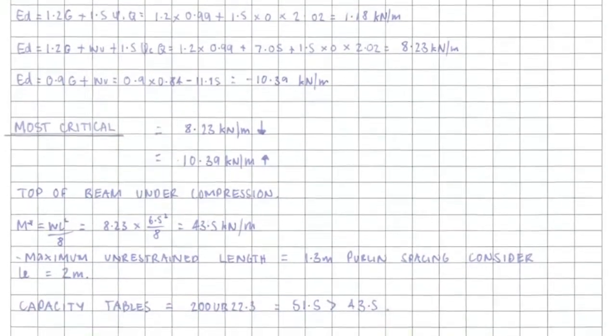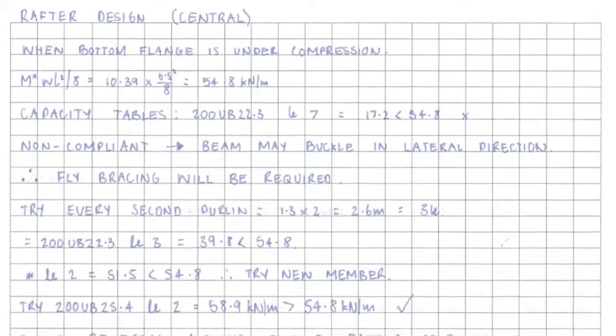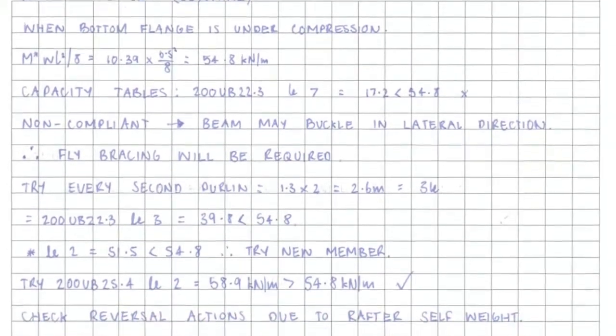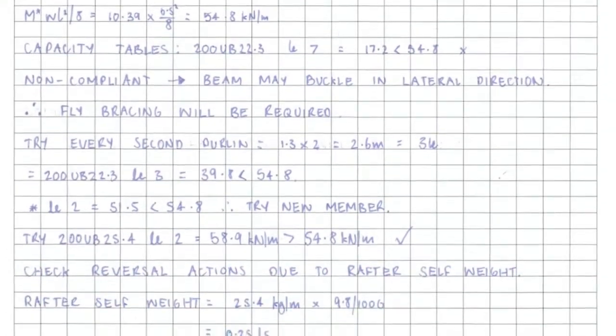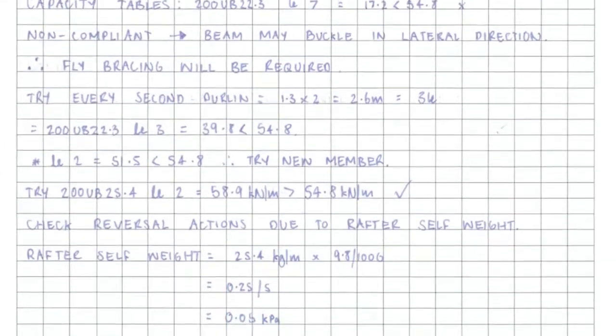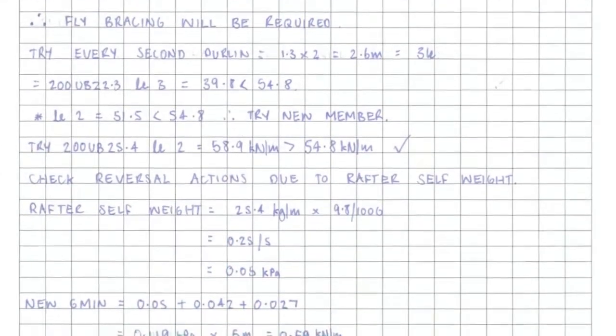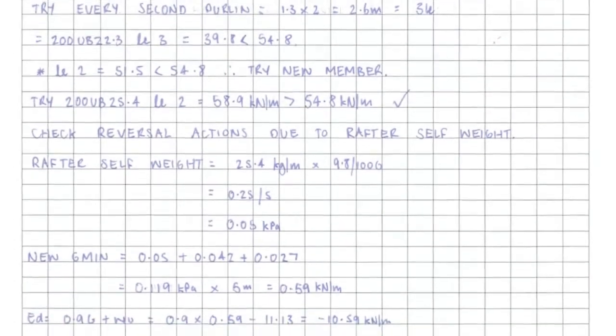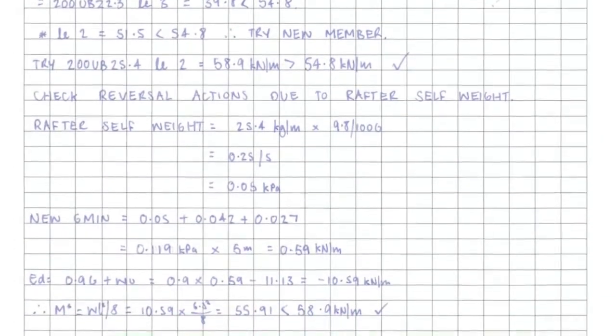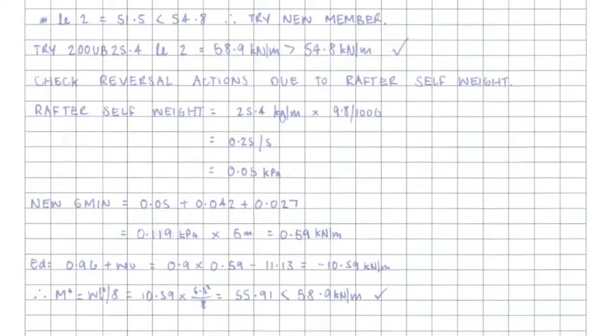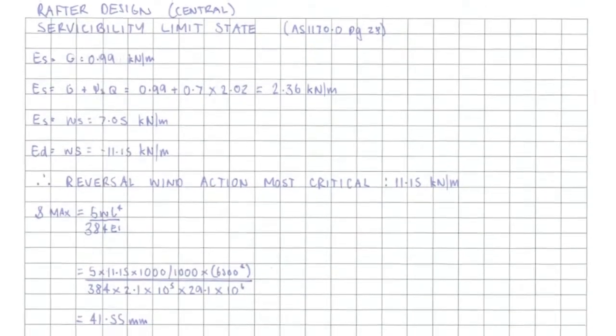Then the same process was undertaken by using the load combinations to find the most critical for downward pressure and upward pressure, suction. For the rafter design, it was the top flange and bottom flange when under compression that the design was obtained from.